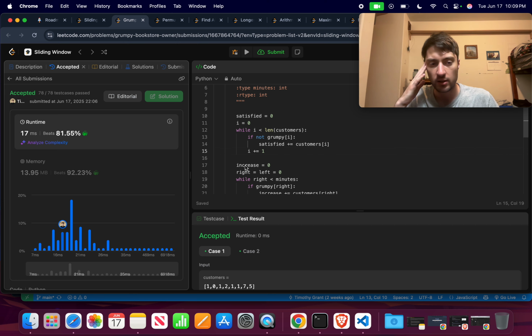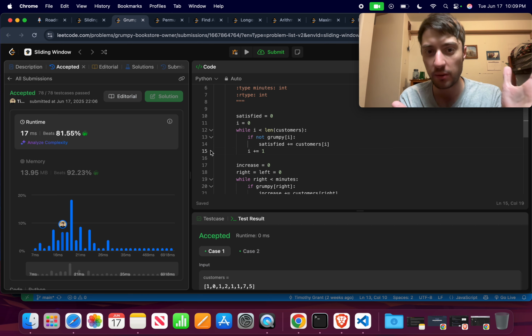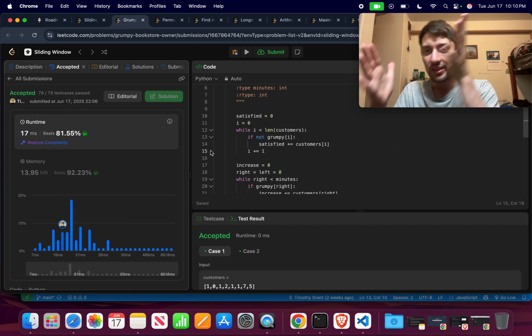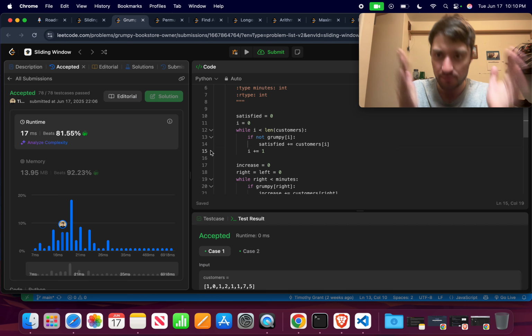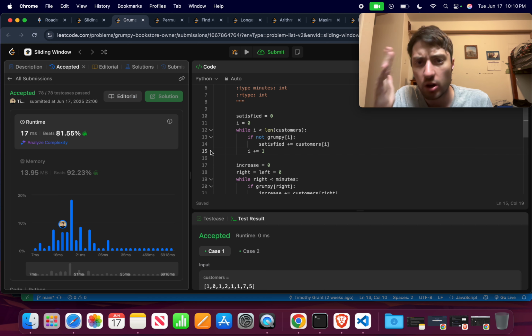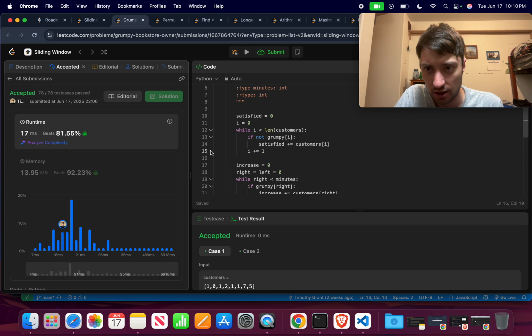I try the problem. I spend about 40 minutes trying to do the problem. Then, after I've been defeated, I then go to the solution. By that time, I'm already so exhausted that I can't really fully understand what the solution is. But even if I did understand what the solution is, I didn't put it in a greater context.